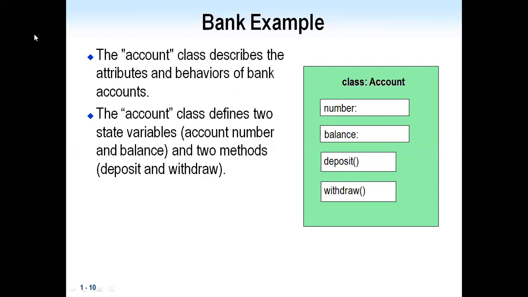Account is a class, and it has variables and methods. First we define the variables, account number and balance, and two methods that perform some operations, deposit and withdraw. Deposit and withdraw represent behavior, and account number and balance represent attributes, that is, the properties of the particular object or class.